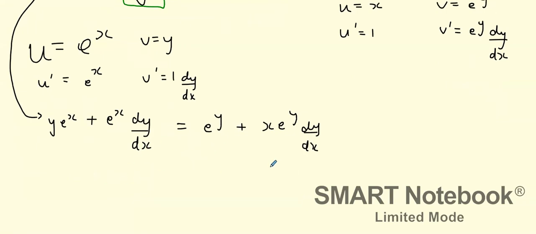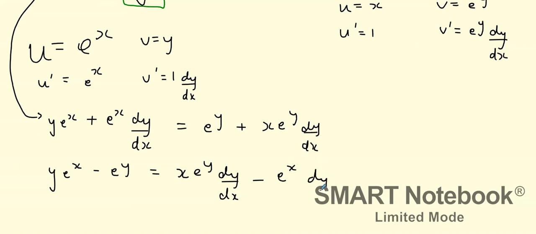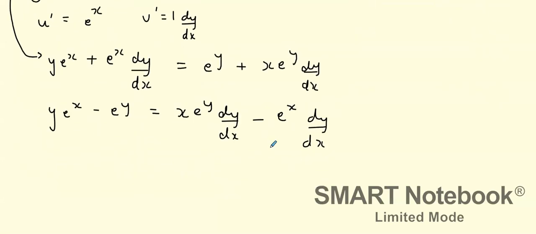Now we need to collect dy by dx terms on one side. I'm going to collect them on the right. Doesn't really matter. So everything else is going to go on the left. So I'm going to have x e to the y dy by dx minus e to the x dy by dx. Is that okay? Any questions there?